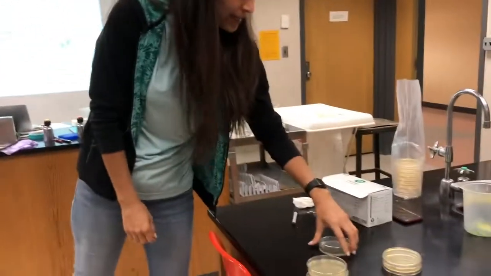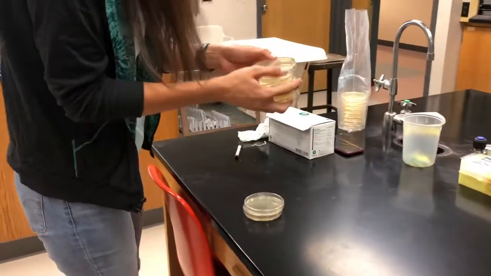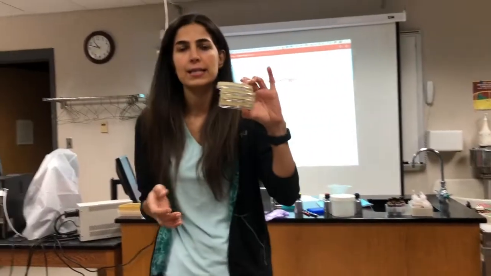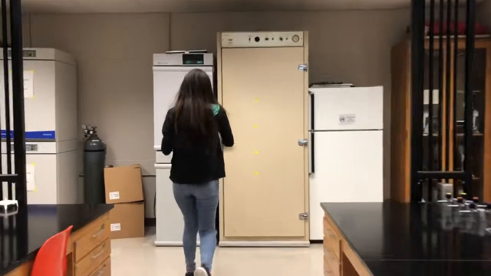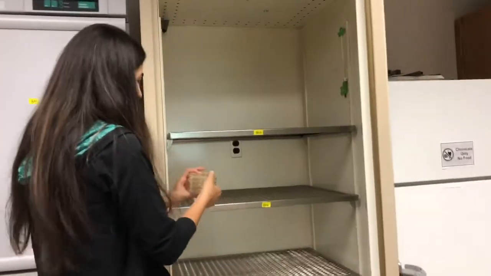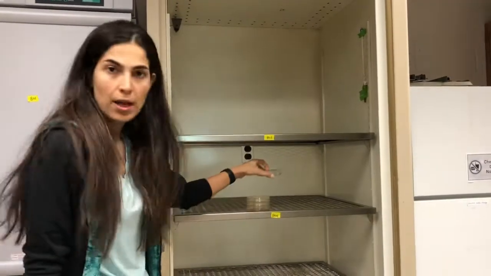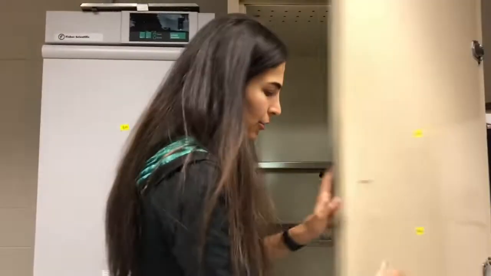After 30 minutes are done, we have 4 samples from 4 different locations, so you can move them and put them in the incubator. Here is the incubator. Agar side up, like this, and then you need to close it. And we will see the results in 2 days.